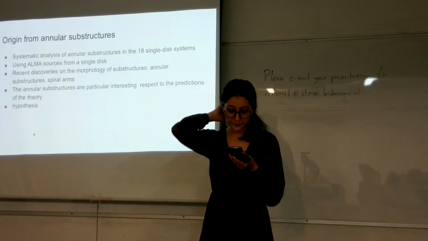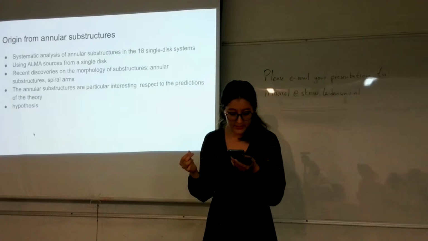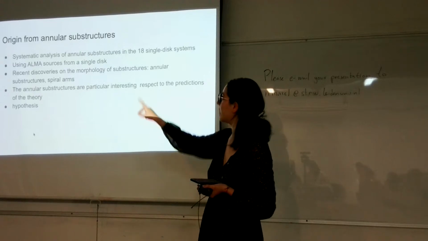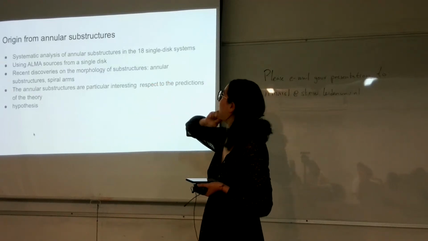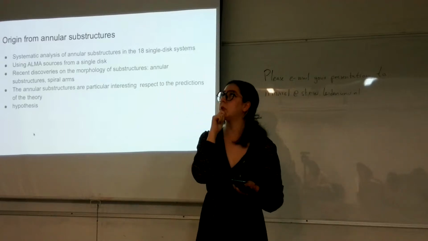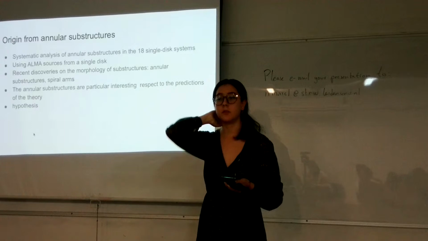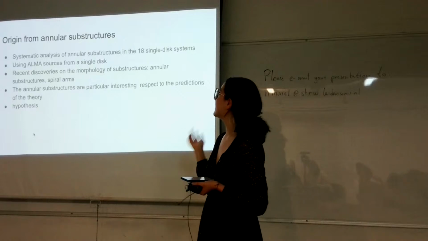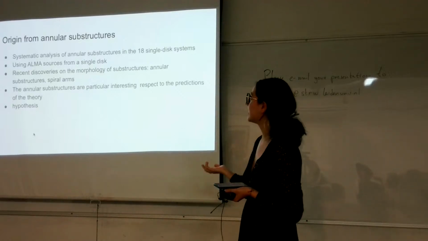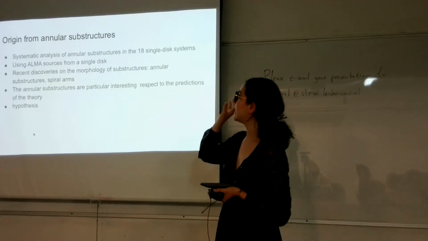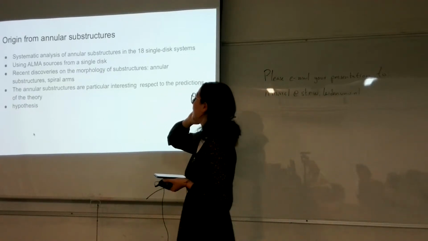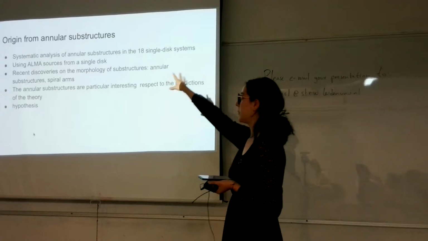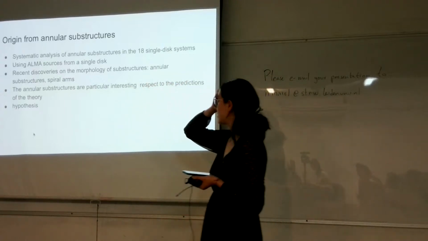They think that, and recent findings talk about new substructures like the angular substructure and another, the spiral substructure, and they think these could explain the diversity and origin of the characteristics of the exoplanets, focusing on the study of the annular substructure.